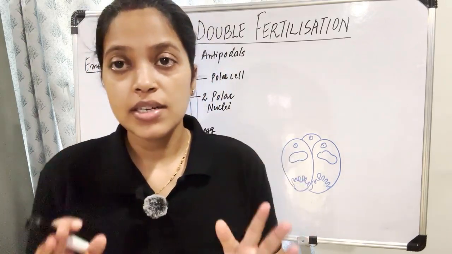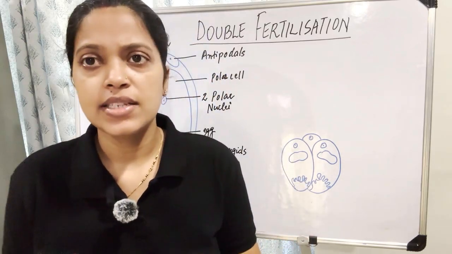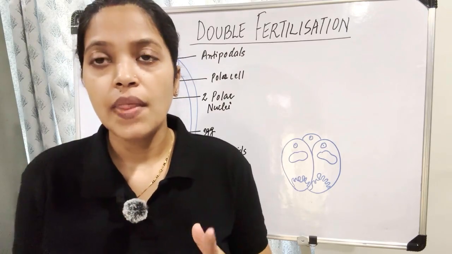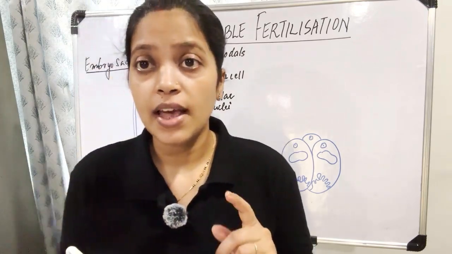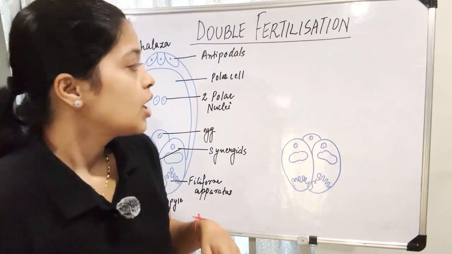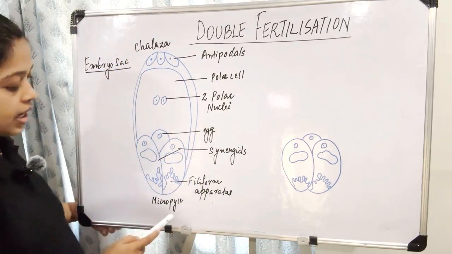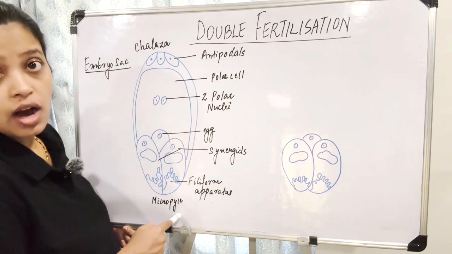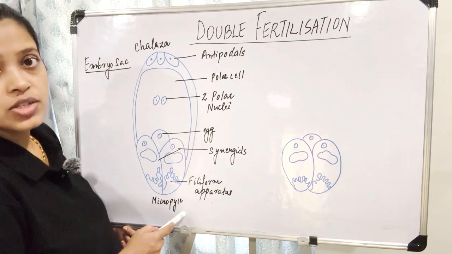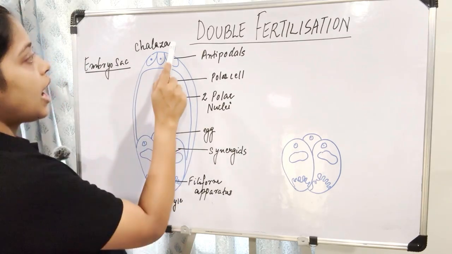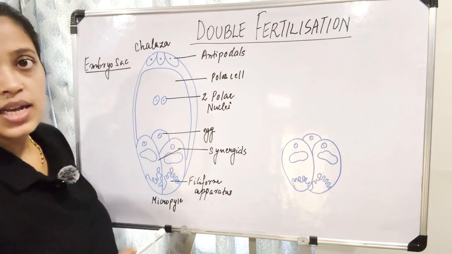So before understanding the process of double fertilization, let's just recall the structure of the embryo sac that I have told you in my previous video. It has two opposite poles. One end is called the micropyle and opposite to it is the chalazal end.